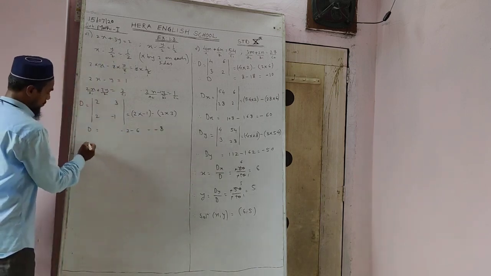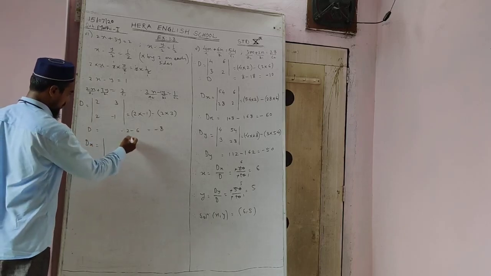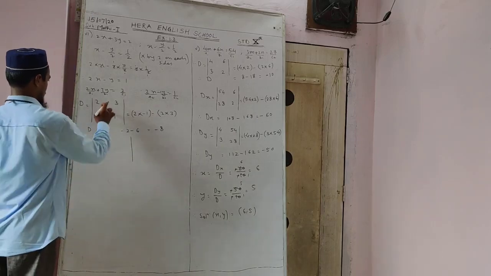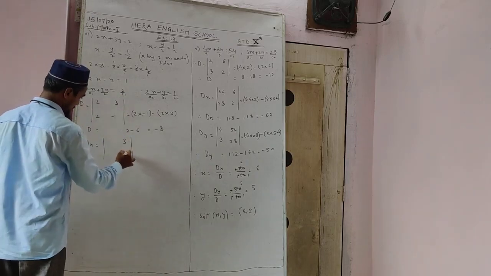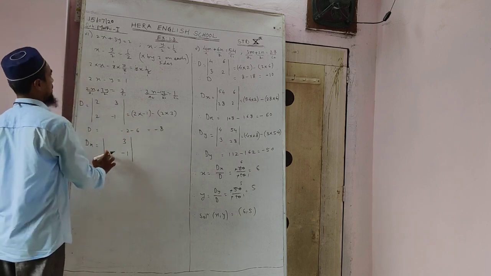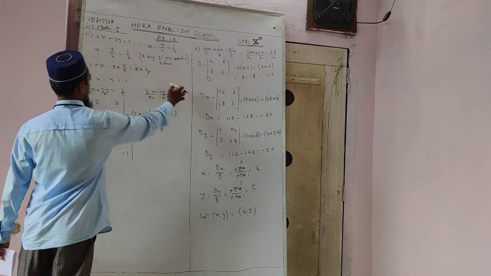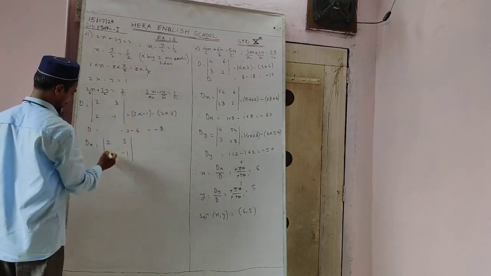Now continue to get the value of dx. First, we will not take x here, meaning a1 and a2. We will take b1, b2 as it is, 3 and minus 1. In place of a1, a2 we will write c1 and c2: c1 is 2 and c2 is 1.